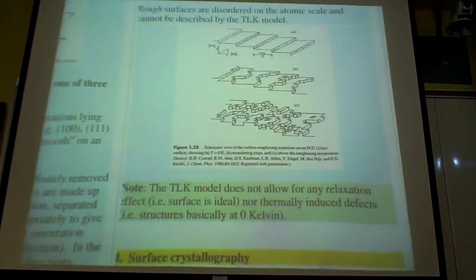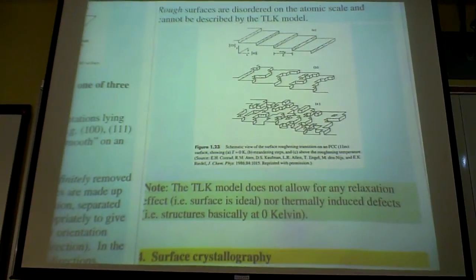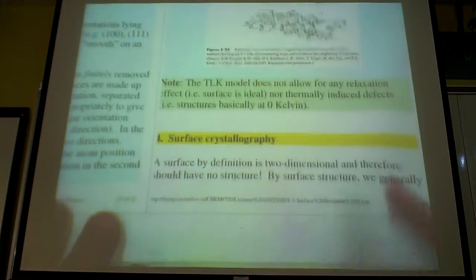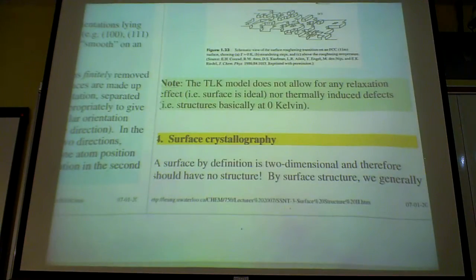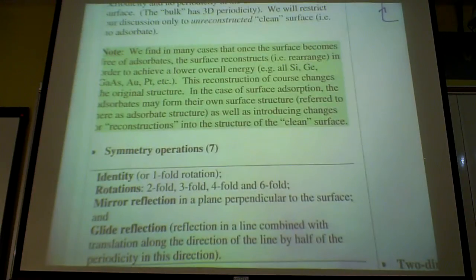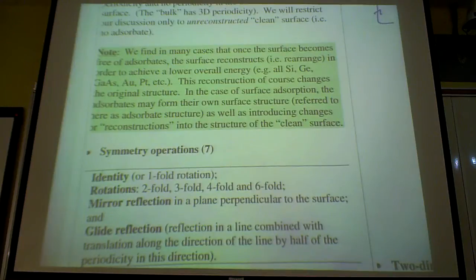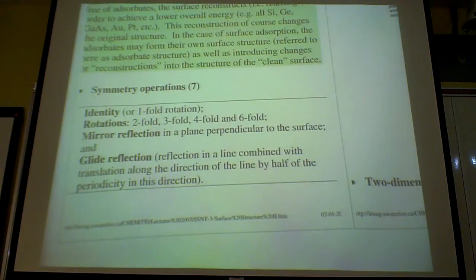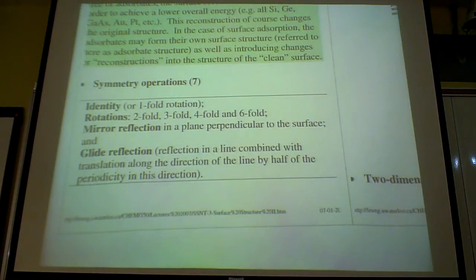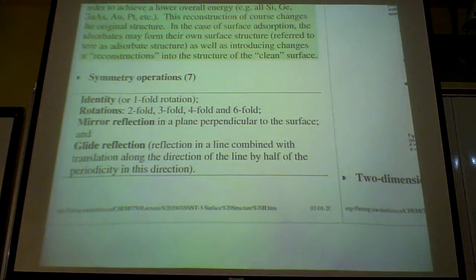We started looking at crystallography last time, and we said that there are two dimensions. Let me just jump quickly to symmetry operations. There are seven symmetry operations: identity, four rotations, 2-fold, 3-fold, 4-fold, 6-fold, no 5-fold symmetry, because nature doesn't like 5-fold symmetry.